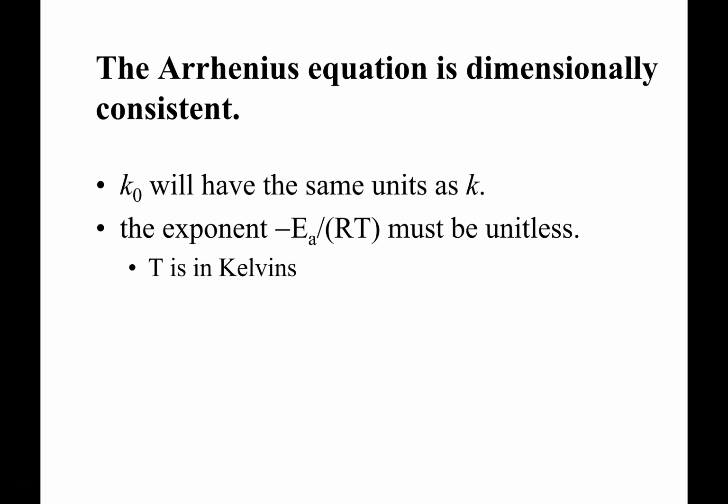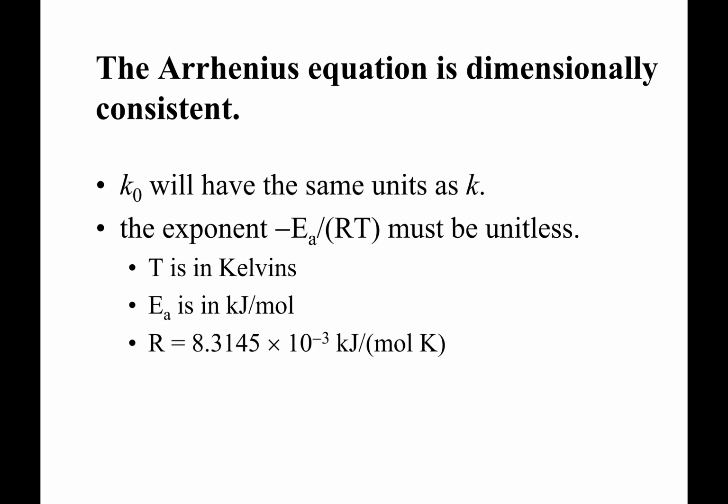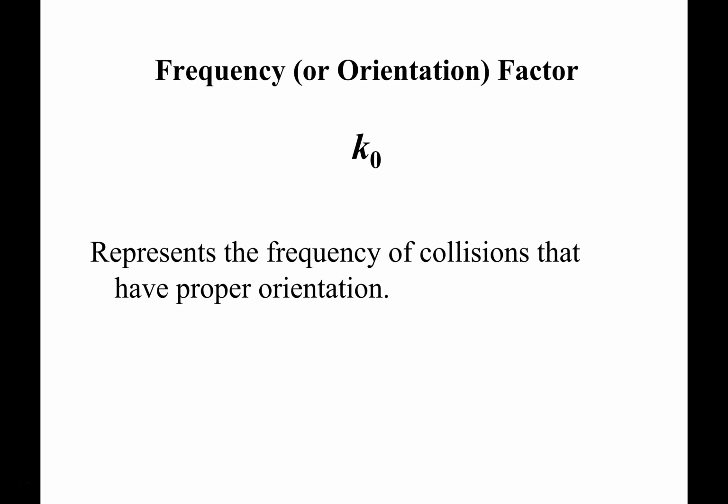And they will cancel as long as temperature is in Kelvins. We're going to go ahead and use the R value of 8.3145 times 10 to the negative third kilojoules per mole Kelvin. And life will be just fine.